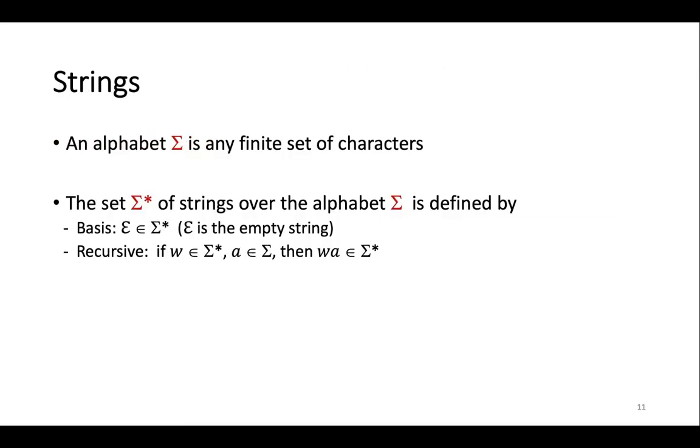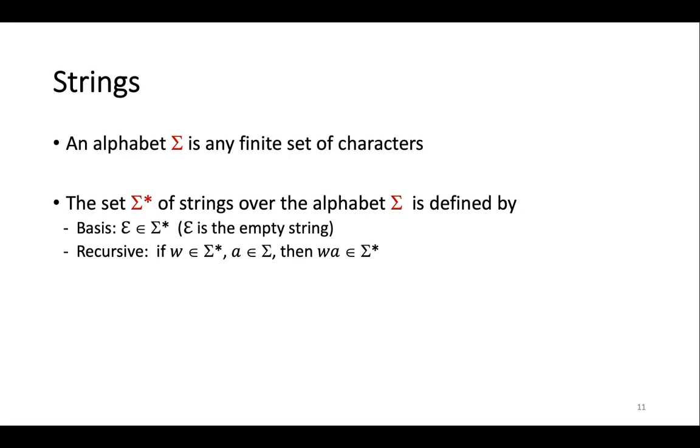So using it, we can define strings. There is an alphabet set, which is any finite set of characters, and there is the string set sigma star of the alphabet sigma. So the basis: epsilon, the empty string, is a member of the set sigma star.